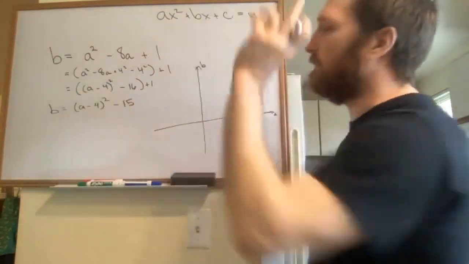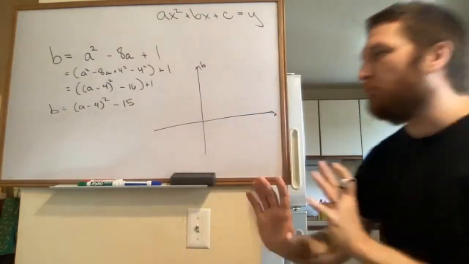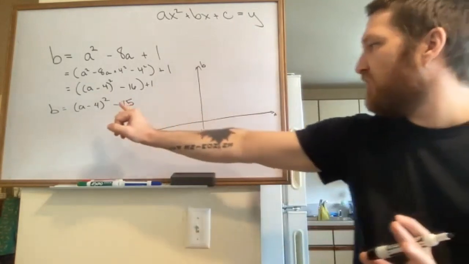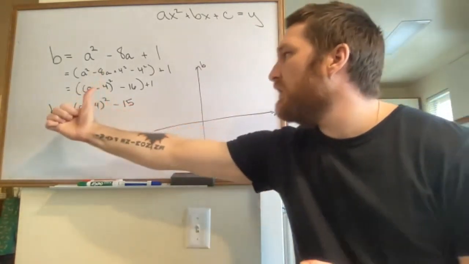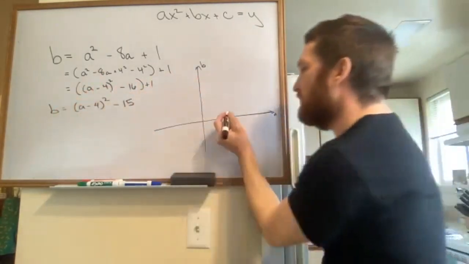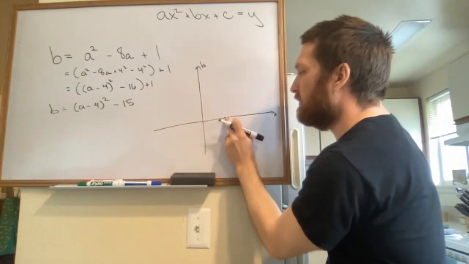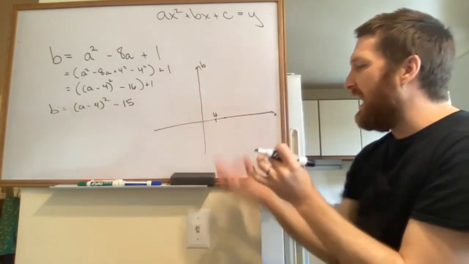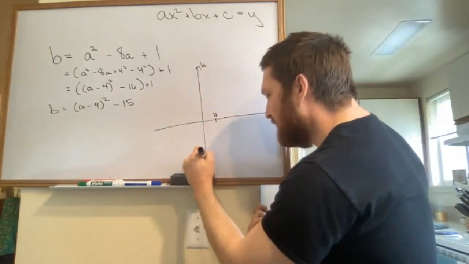And so I could say, okay, and I really don't want to get crazy with this. I just want to say, okay, this is a shift 4 units to the right. And so we end up here at a equals 4, and then down to minus 15.